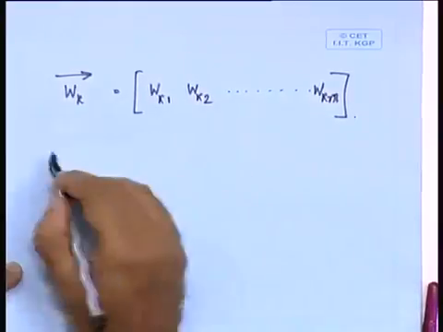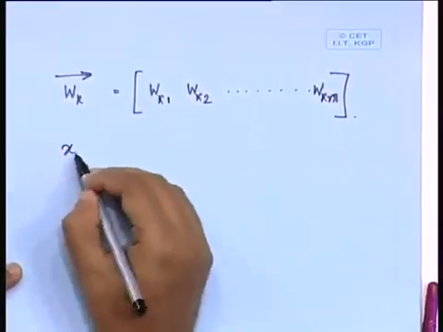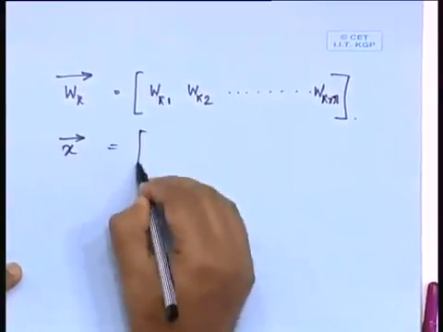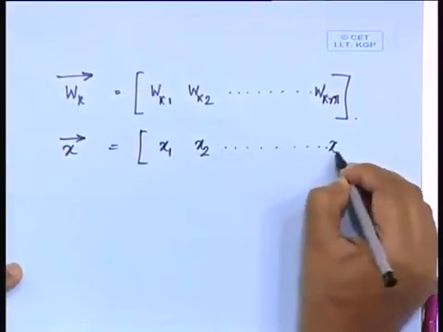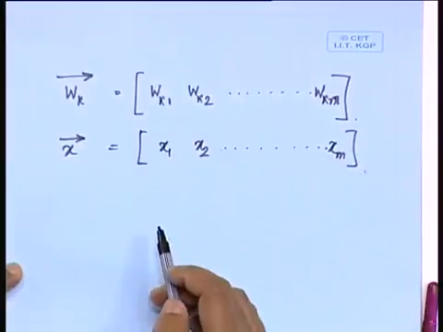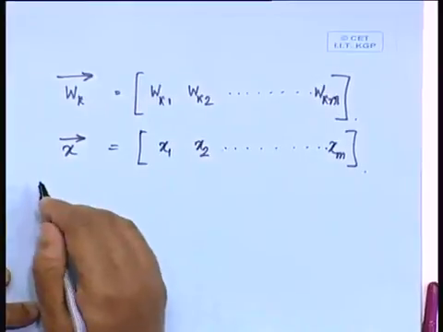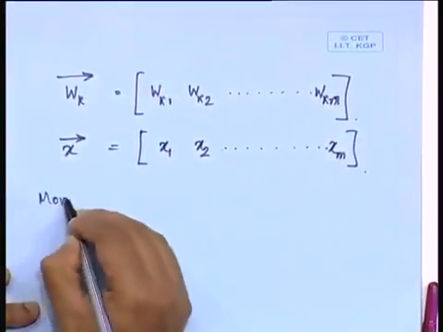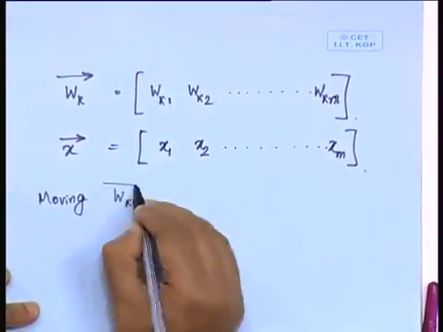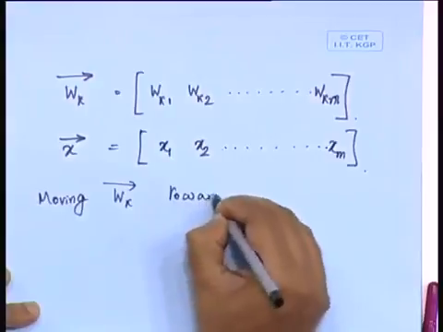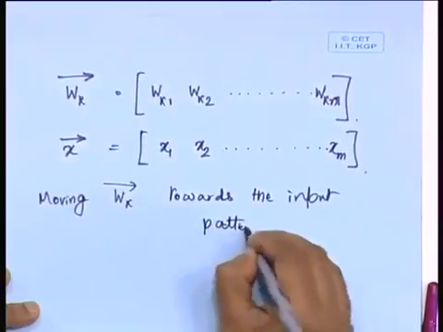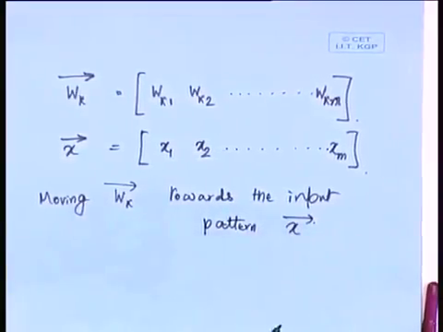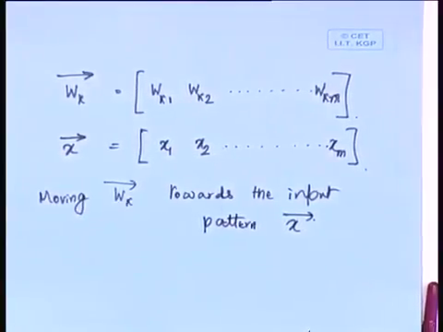And if x is another vector whereby we define the inputs, x1 to xm, then the competitive learning rule has got the effect of moving the Wk vector towards the input pattern vector x.